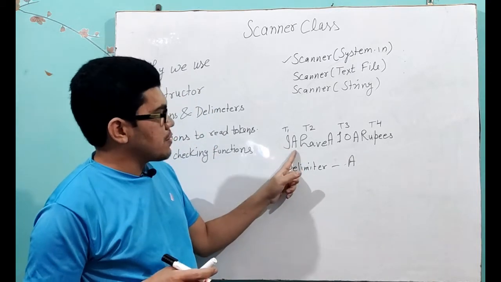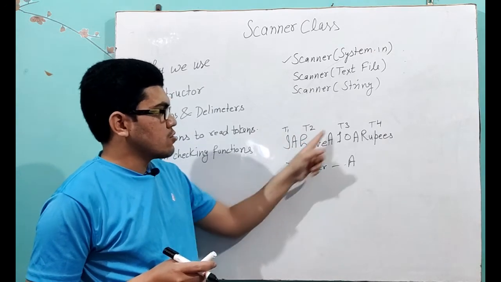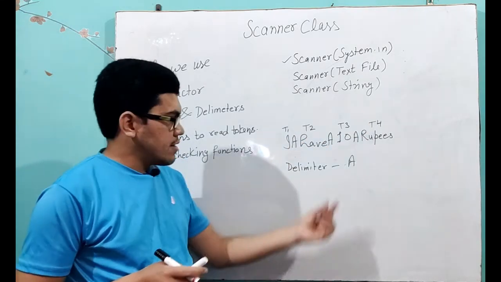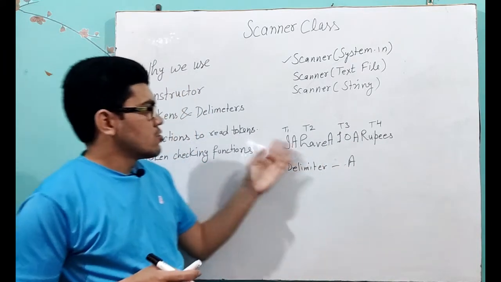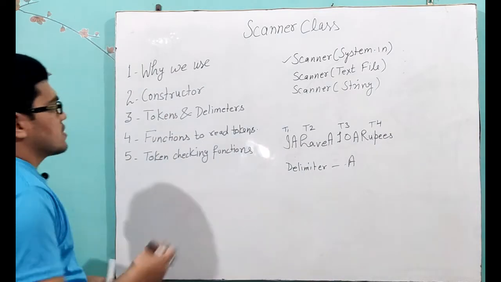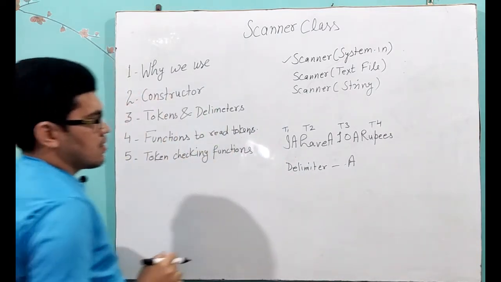So here we get capital A, so token 1 separated, then token 2, token 3, token 4. It may be a single character or it may be a group of characters. Okay students, so this is the funda of tokens and delimiters.